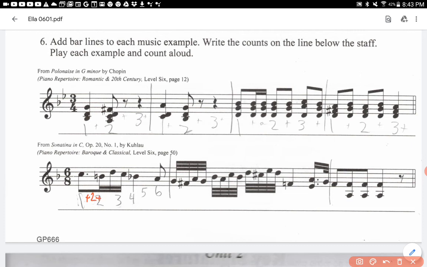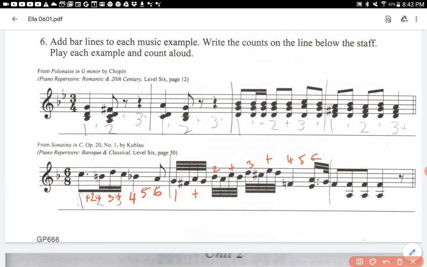2 and 3 and 4 and 5 and 6. So this is going to be 1 and, yeah, 2 and 3 and then you have 4 and 5 and 6 and because you have 32nds here, okay?